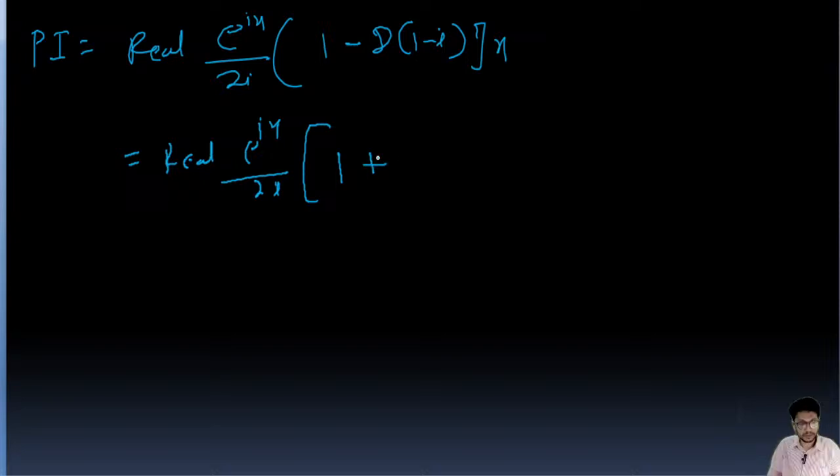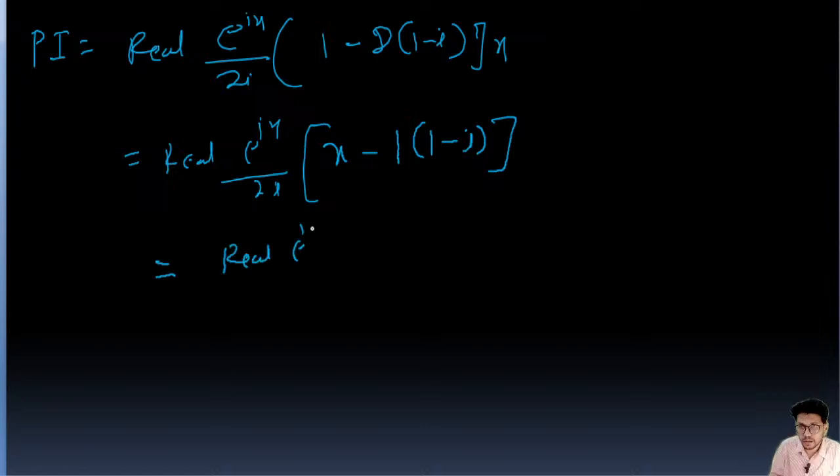So it is going to be 1 plus, we'll differentiate it into d, so this is x plus, we'll multiply by x, so this is x minus x, differentiation is going to be 1 into 1 minus iota, right? So we'll solve, then y is going to be real e to the power iota x upon 2I, and this is going to be x, right?